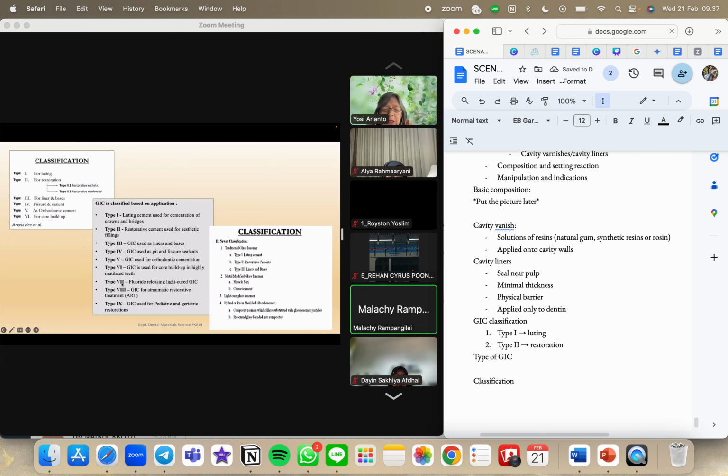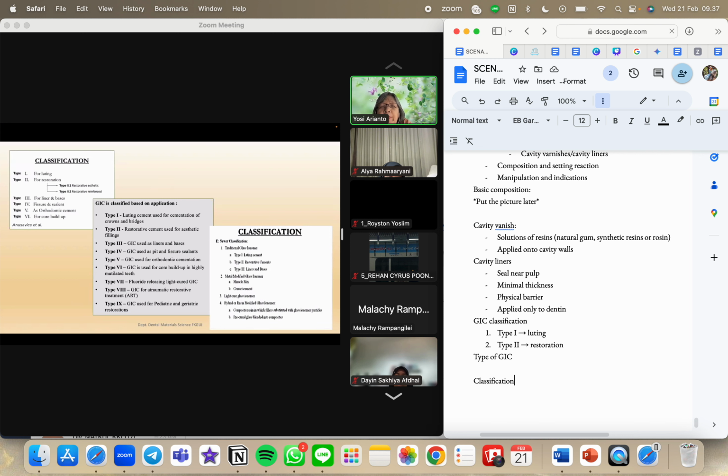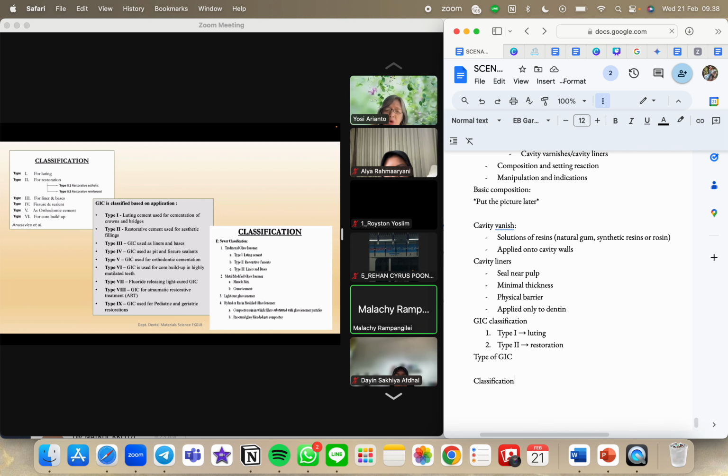So type 7 contains fluoride, and then type 8 is the GIC for atraumatic restorative treatment. It is a treatment for poor people in remote areas that have no dental facilities, so the cavity is only cleaned, and then we restore it with this type 8. So it is called the atraumatic restorative treatment.